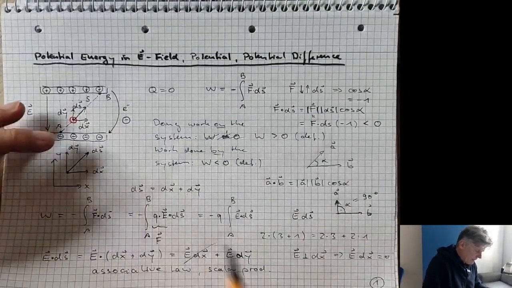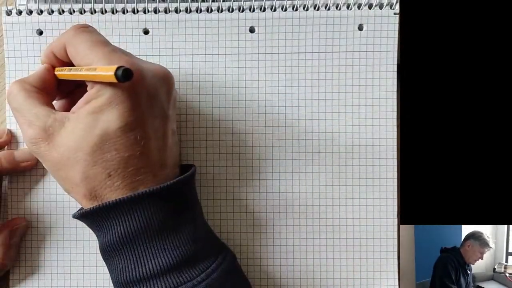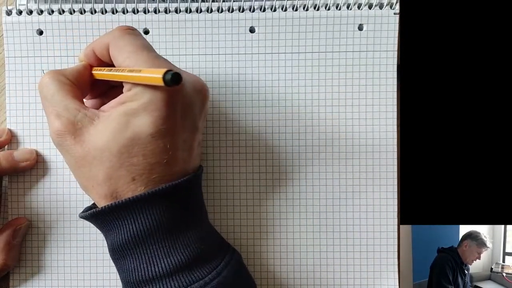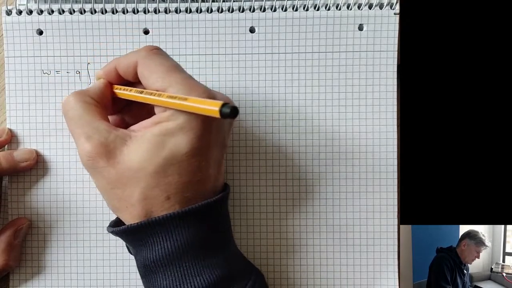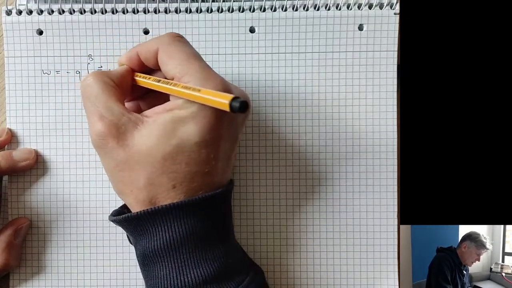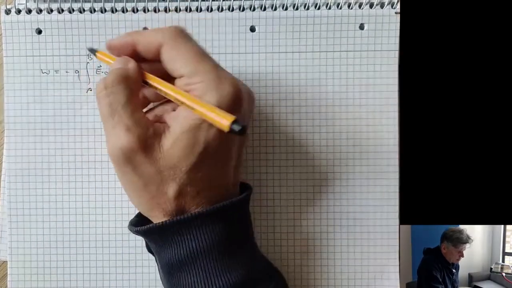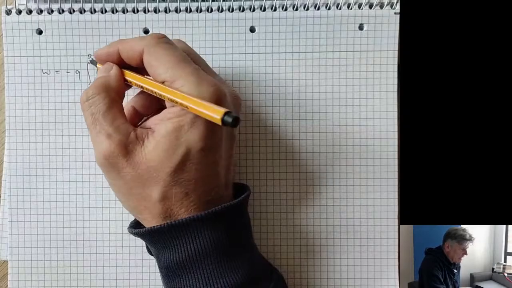So let me rewrite the formulas on the next page again. So we said W is minus Q, and we go from A to B. So I start with the most general expression. This is always true, so basically not just from A to B, but however we go there, right?